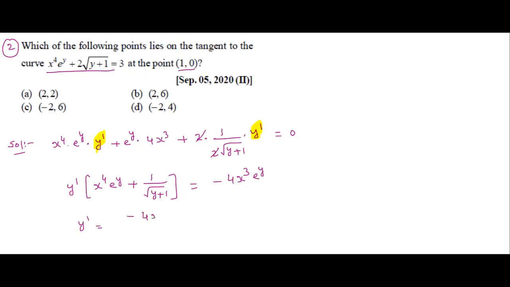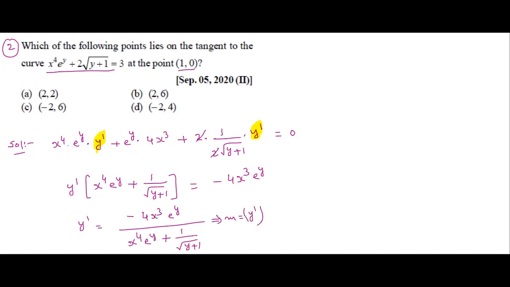Minus 4x cube e power y divided by x power 4 into e power y plus 1 by root y plus 1. Now here we need to find slope of tangent at point.